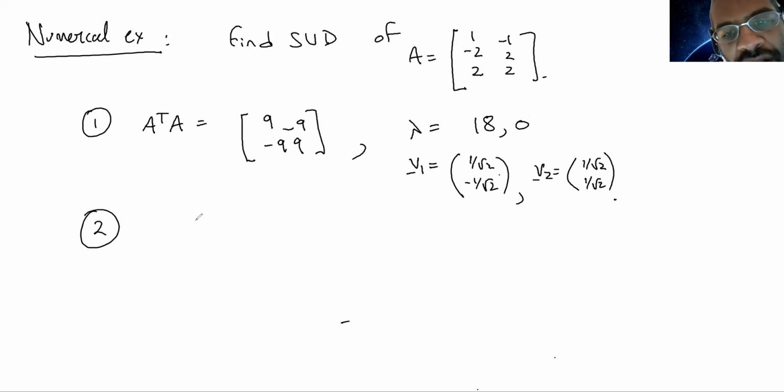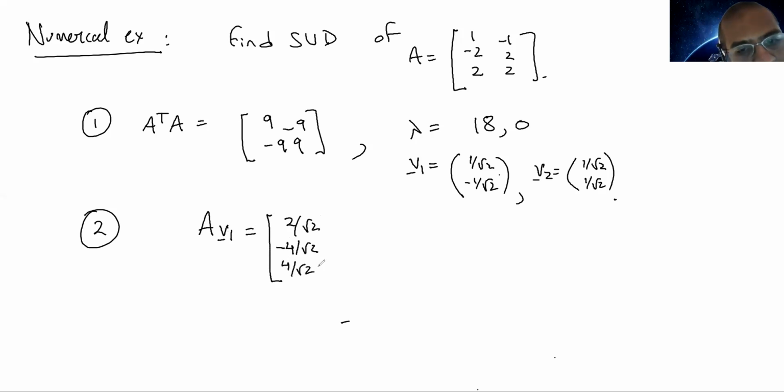Now I need to find the u_i, right? So now I'm going to compute A v1. So let's do the calculation. A v1 turns out to be, remember, this is now a 3 by 1 vector, 2 over root 2, minus 4 over root 2, 4 over root 2.